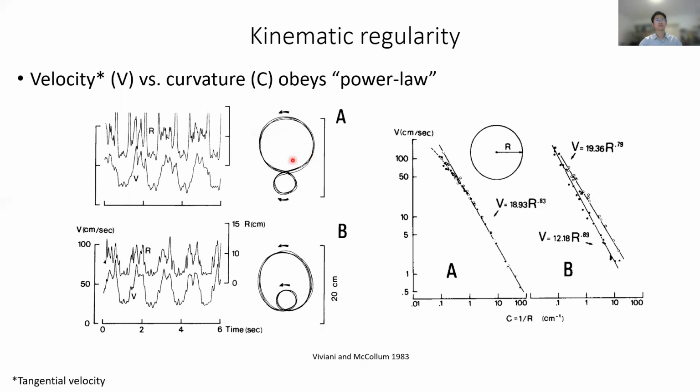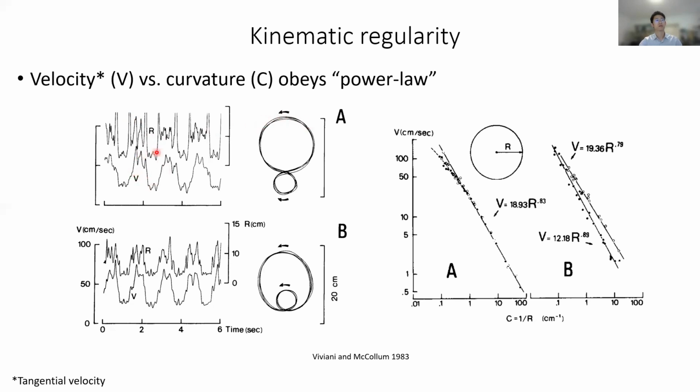Subjects can do this kind of periodic movement. What is plotted here is the velocity for each period, and at the same time the radius. We see that the velocity is larger at the larger radius. For example, here the radius is larger, so the velocity is also larger.